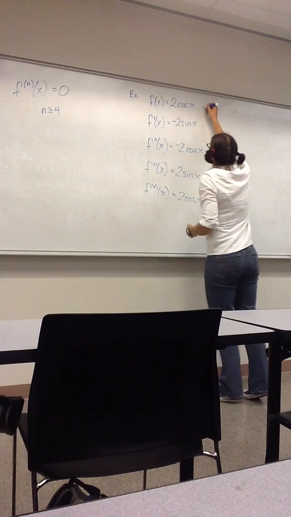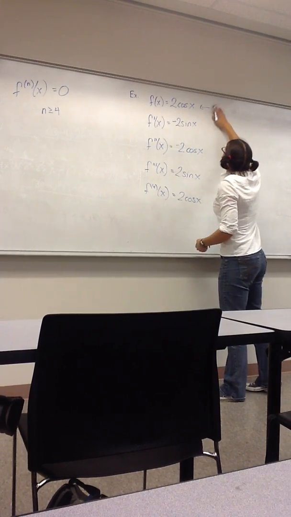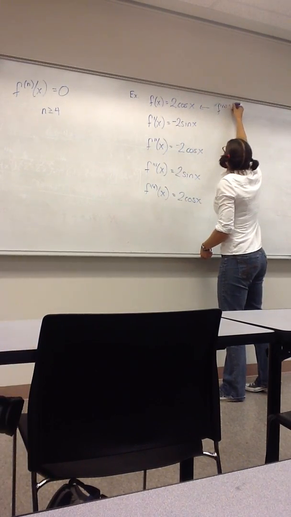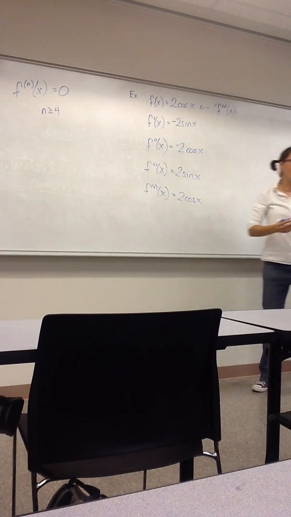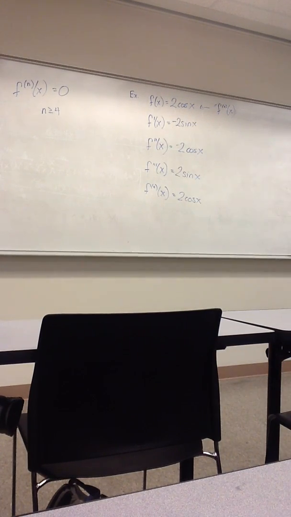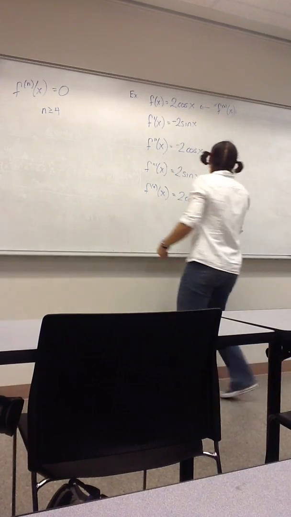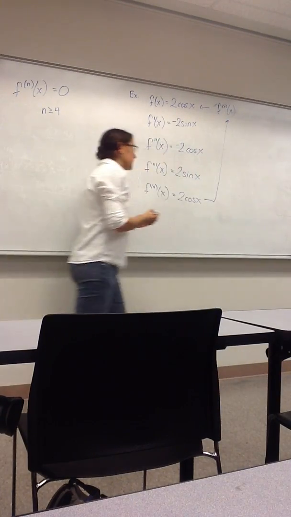Now, this first one, we would kind of think of this as the 0th derivative, if you want to say. The original function is no derivatives at all. And so our fourth derivative is exactly the same as our original function.